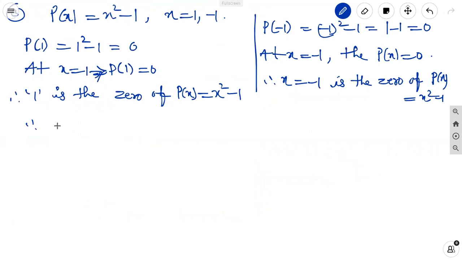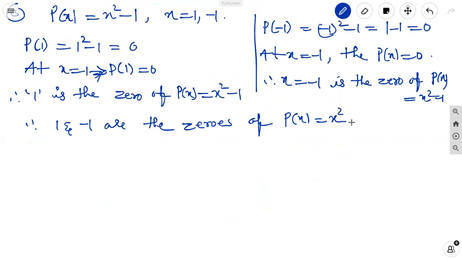Therefore, here 1 and minus 1 are the zeros of P of x equal to x square minus 1. Fourth one, P of x equal to x plus 1 into x minus 2.